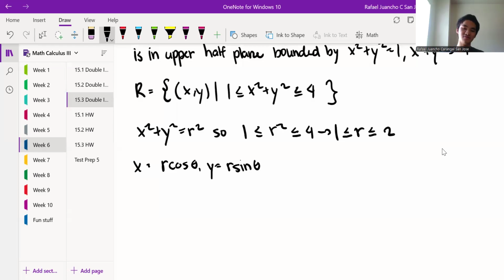So when I square them, that's that. Now, how do I find my r cosine and r sine? Or specifically, how do I find my theta? Algebraically, let's see if it's possible.